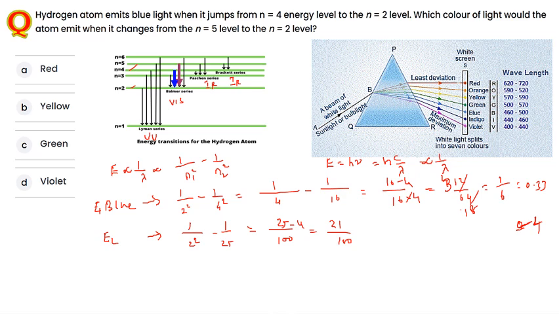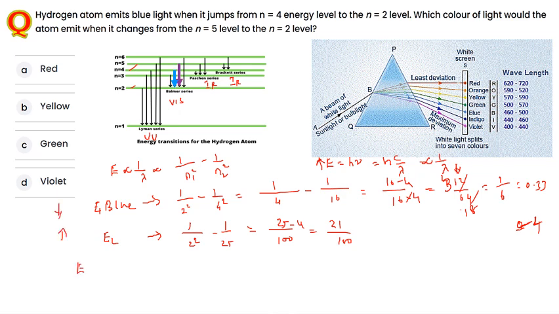See here, the transitions are moving in energy and wavelength. Energy is maximum when the wavelength decreases. For this one, here energy is less, here energy is maximum.